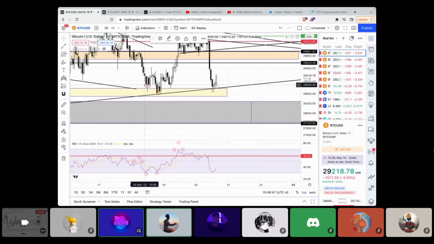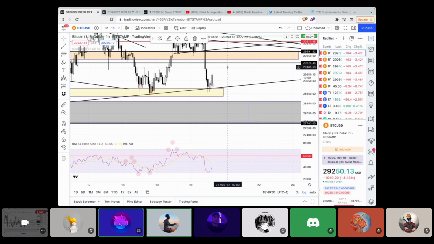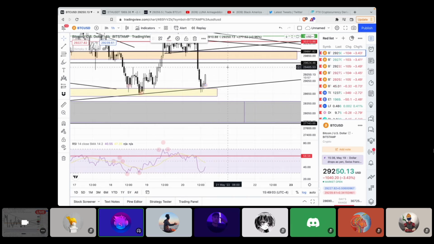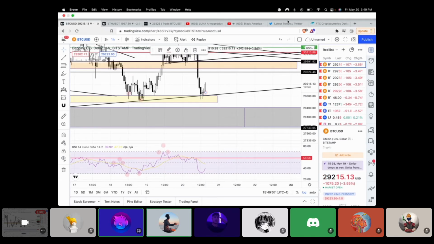So it closed below the left low, right? But the left low is the lowest, and it didn't close below this low, but this low is higher. This low is higher than this low came. So that was the divergence. And we be cooking. I think I'm out of time too.